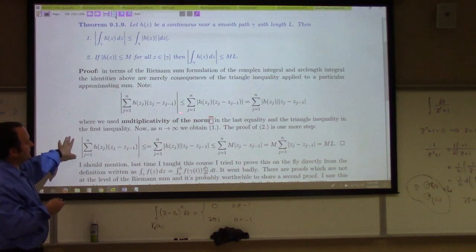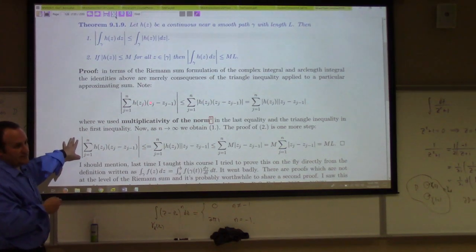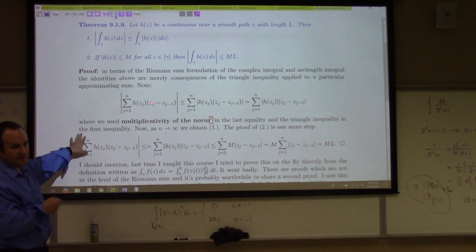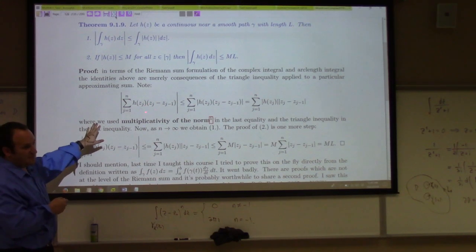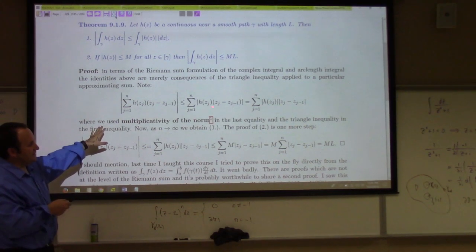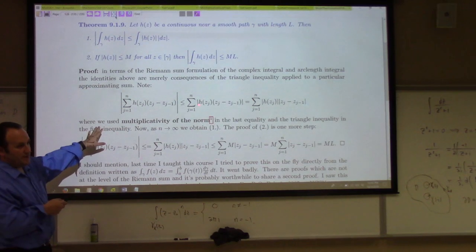So we take the limit as n goes to infinity, that calculates the line integral, right? That's the definition of the integral of f of z dz over c. But if you just apply it to a finite sum, calculate the modulus, well then the triangle inequality says that, right? But then the norm over the complex numbers is multiplicative.